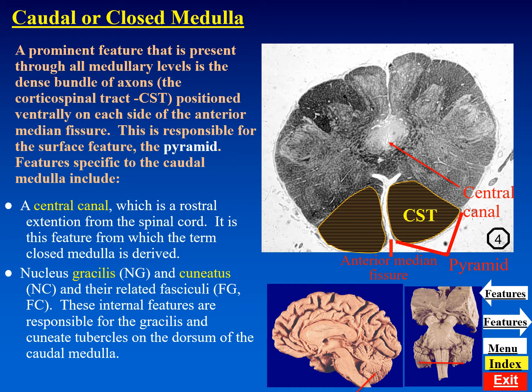And then dorsally, there are 2 prominent surface features, the gracilis tubercle and the cuneate tubercle. These are due to the underlying fascicles of these 2 regions, the fasciculus gracilis and cuneatus, and their respective nuclei.